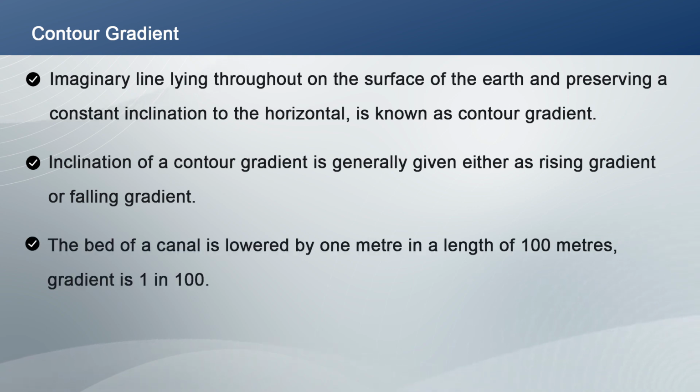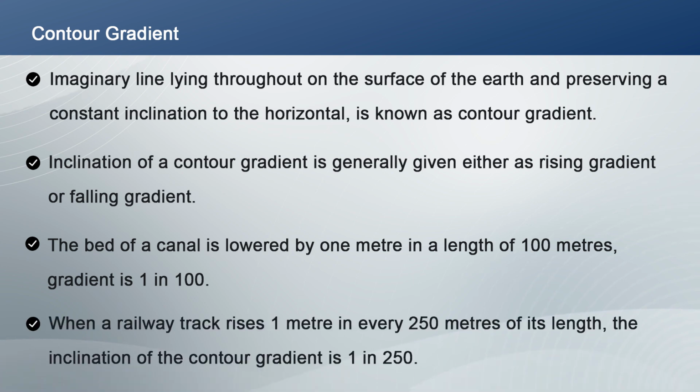Suppose the bed of a canal is lowered by 1 meter in a length of 100 meters, then the gradient is 1 in 100. Similarly, when a railway track rises 1 meter in every 250 meters of its length, the inclination of the contour gradient is 1 in 250.